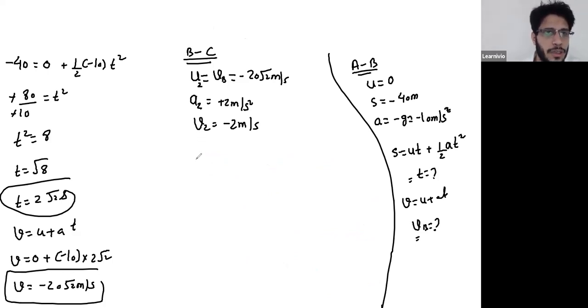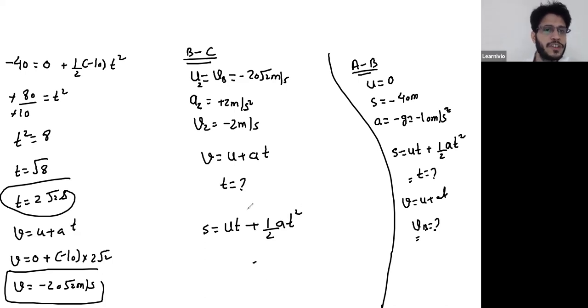Use this equation, v is u plus at, and get the value of time. And then use the equation s is ut plus half at square and get the value of displacement. Calculate it, and try not to make any silly mistake.